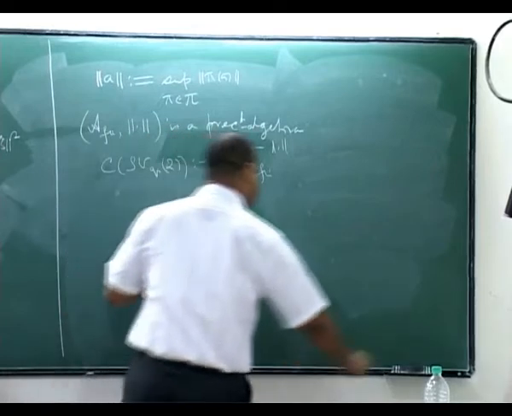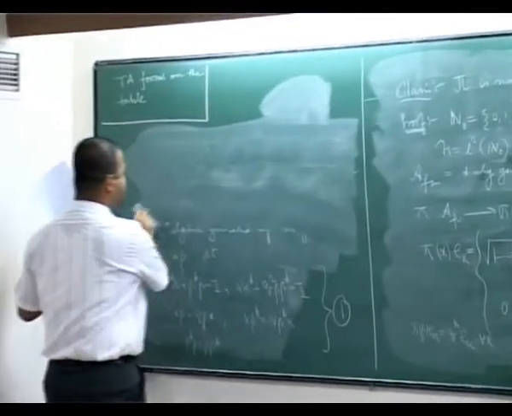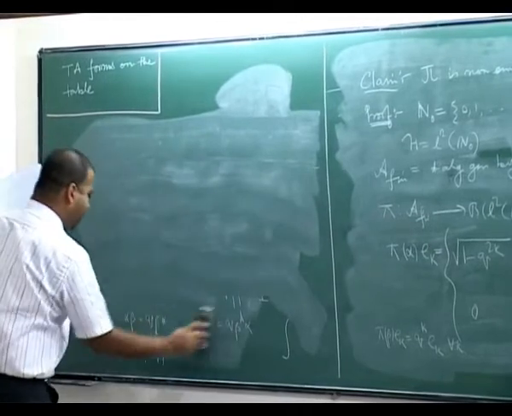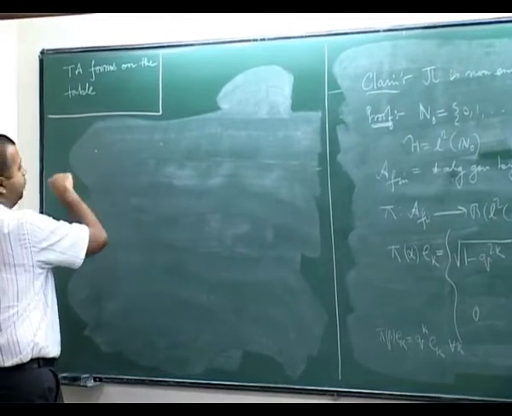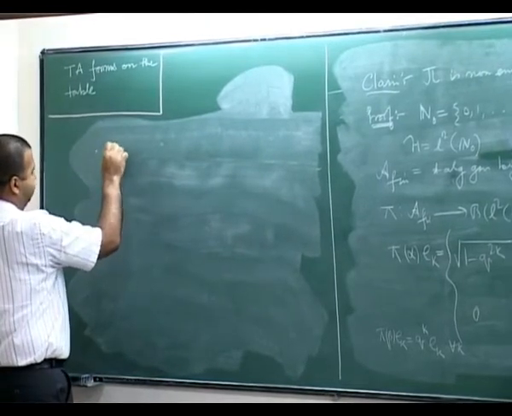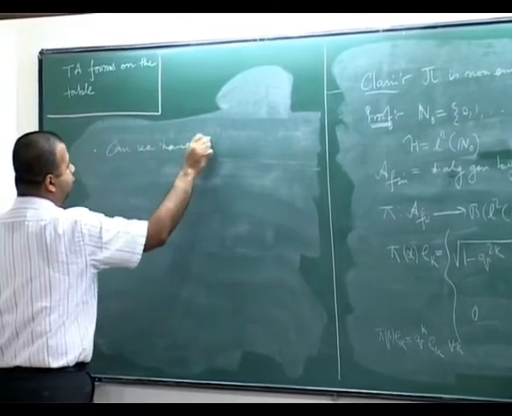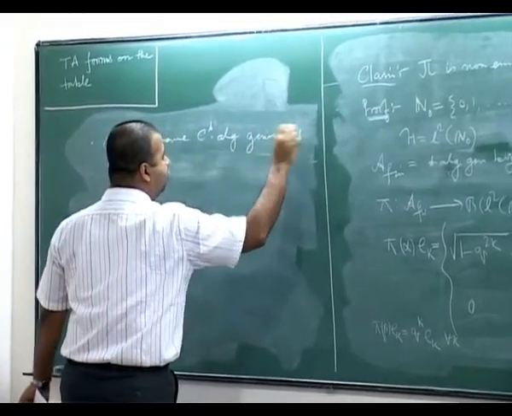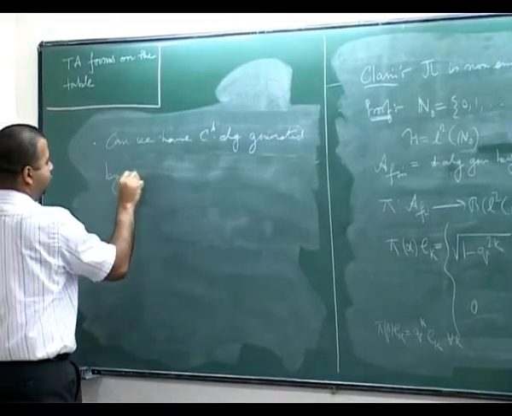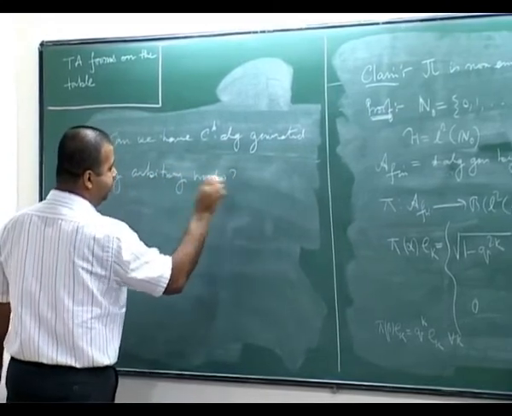But of course, these two examples raise one question, which is, firstly, if I write down kind of arbitrary words in a finite alphabet, can we have sister algebras generated by arbitrary words? Okay.